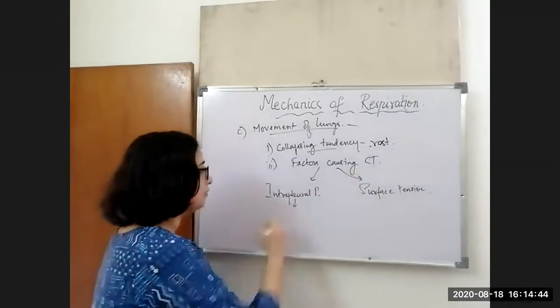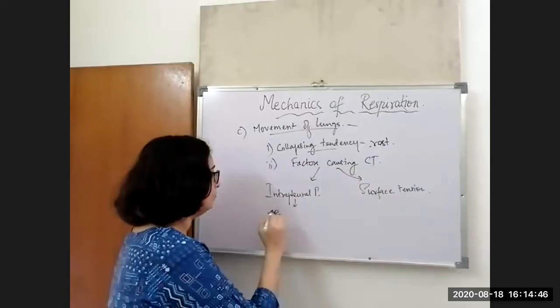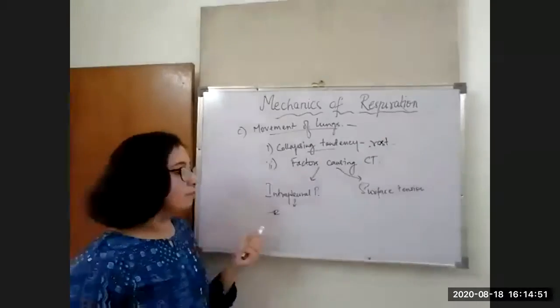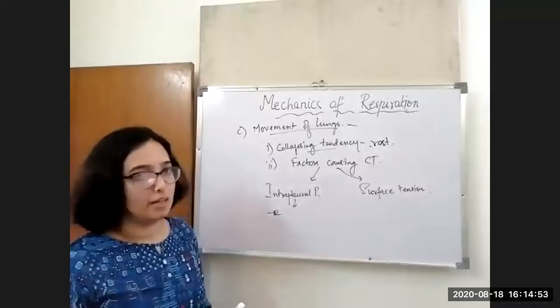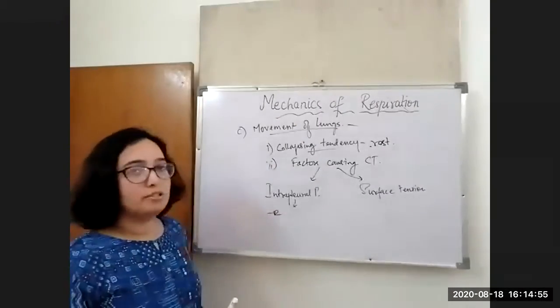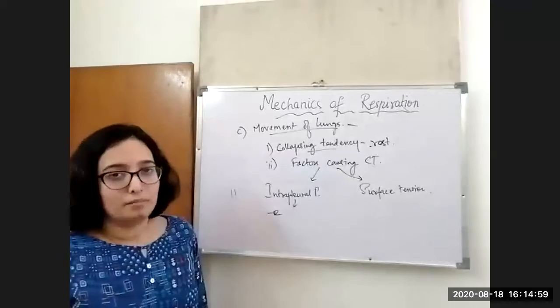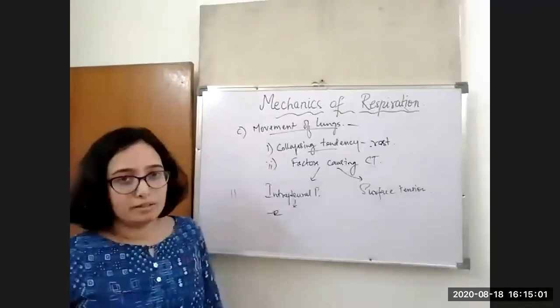Now, what is intrapleural pressure? It is nothing but a negative pressure exerted by the intrapleural fluid which is present in the intrapleural cavity. We have seen that there are two layers of pleura, and in between those layers fluid is present, the intrapleural fluid.